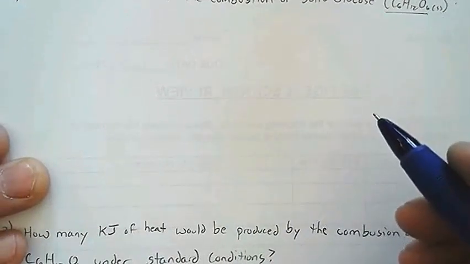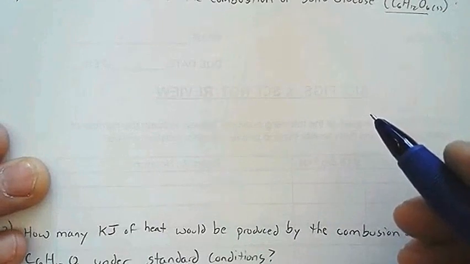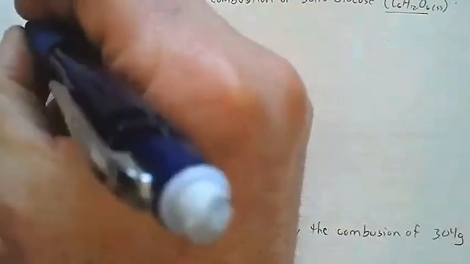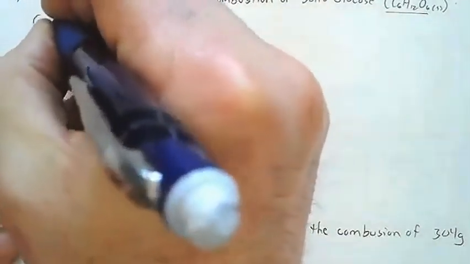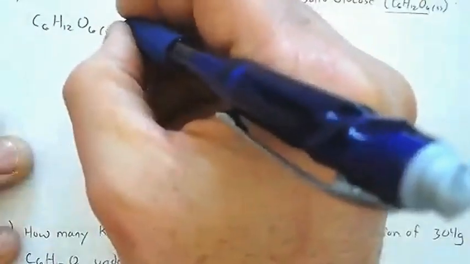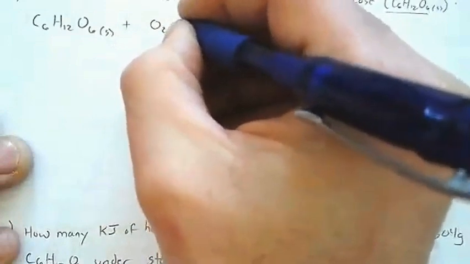We need to start off with a balanced chemical equation. So we have C6H12O6. And since it is combustion, that means it is going to react with gaseous O2.